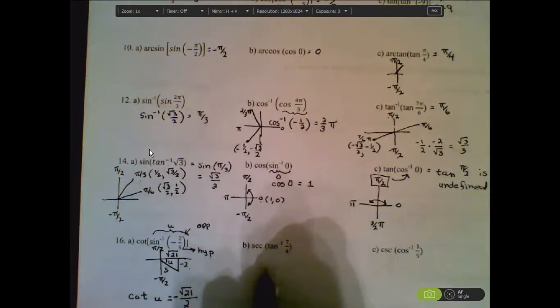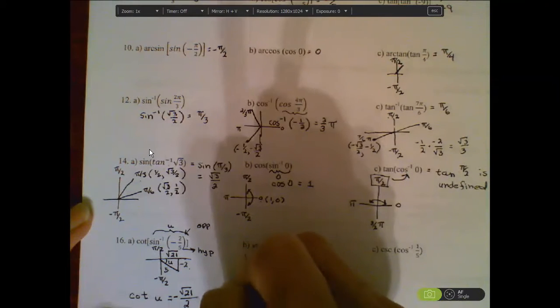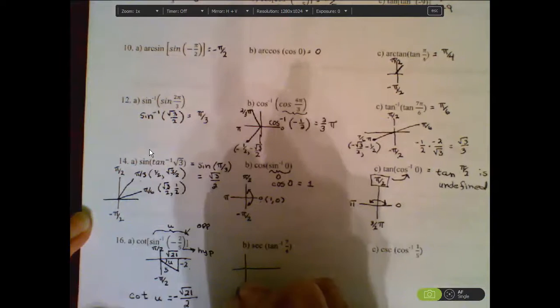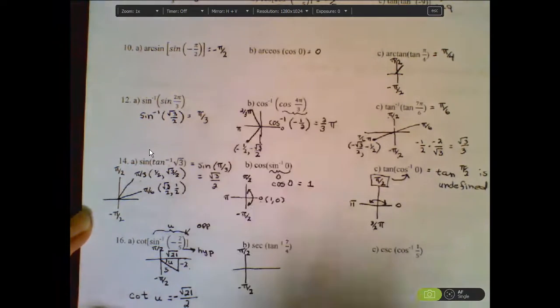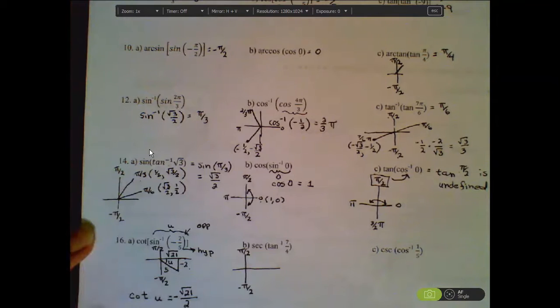Similarly, on the B part, I don't have memorized an angle whose tangent is 7/4, but I can draw a picture of an angle whose tangent is 7/4. And because tangent is positive, I know that must be a first quadrant angle, because between -pi over 2 and +pi over 2, the only place tangent is positive is the first quadrant.